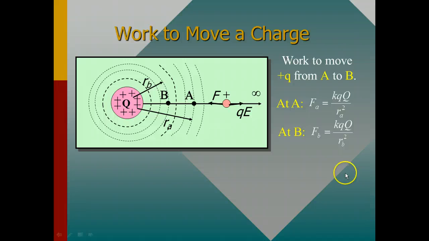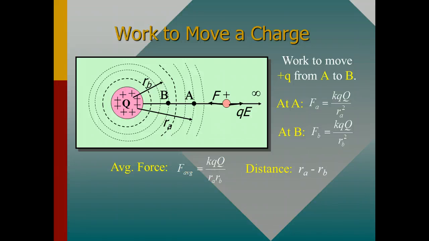In order to figure out the force that is exerted on the charge from here to here, I have to take a look at the average force because the force changes. By using some algebra, remember that the average is one plus the other divided by 2. If I add these two together and divide by 2, I get the average force is kQq over Ra times Rb.